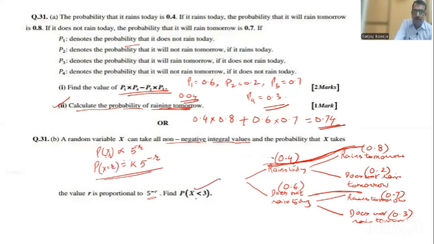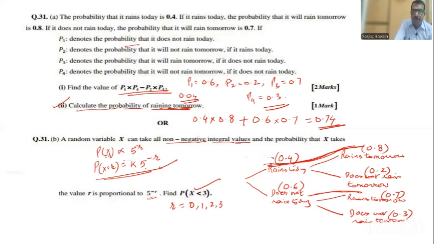You have to find probability of x less than 3. So for x less than 3, you can put r as 0, 1, 2. Right? Before that, you have to find the value of k.